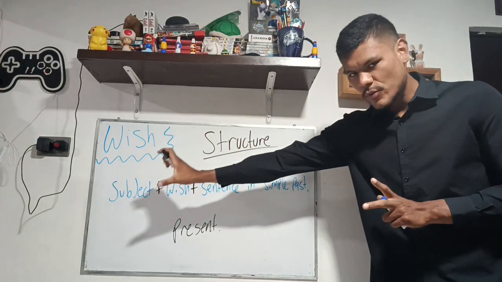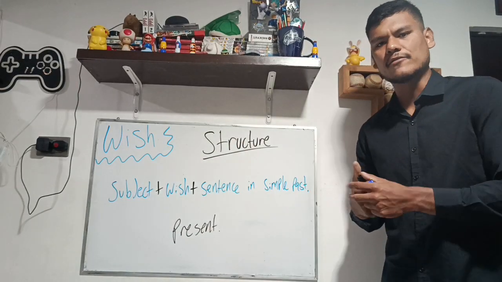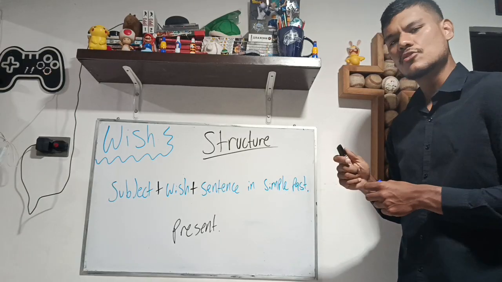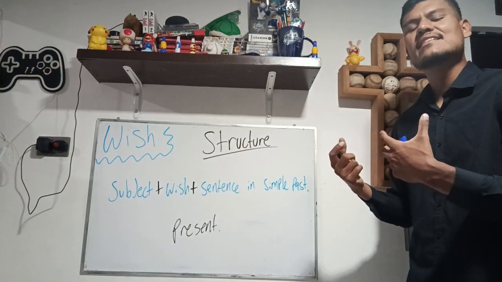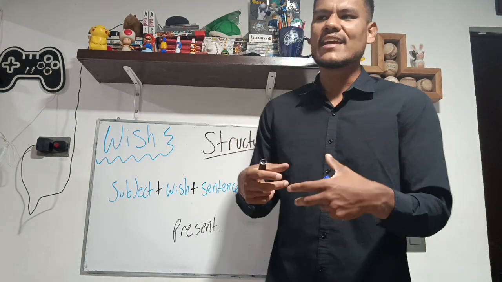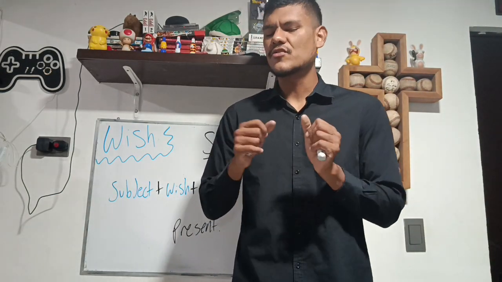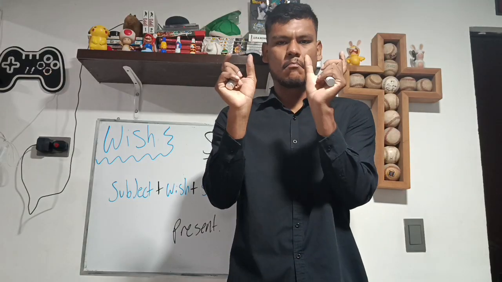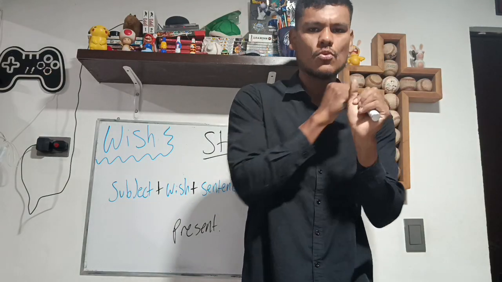Now, after we do this, which is the start of the sentence, we would need to use a sentence in simple past. Now, what do I mean by a sentence? In case it's a positive sentence, remember the structure is subject, verb in past, and whatever context you want to add.